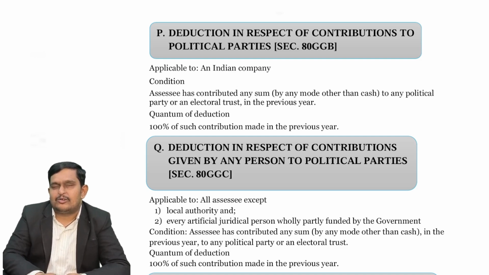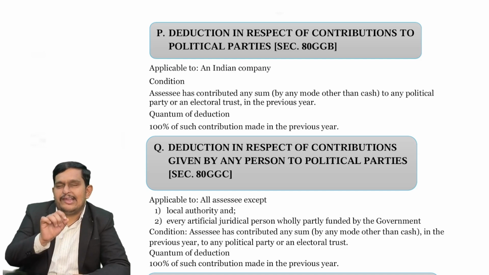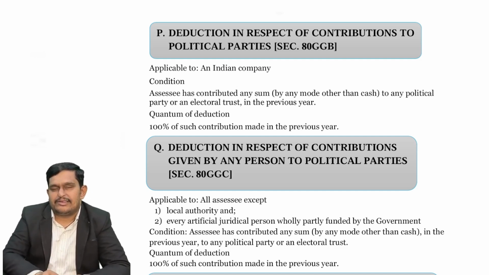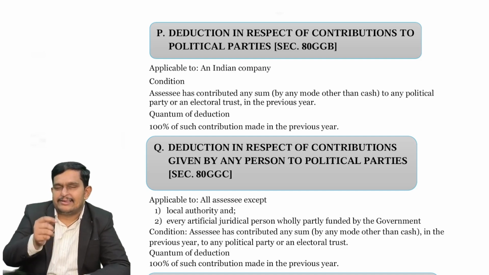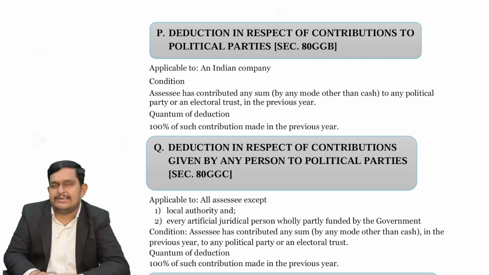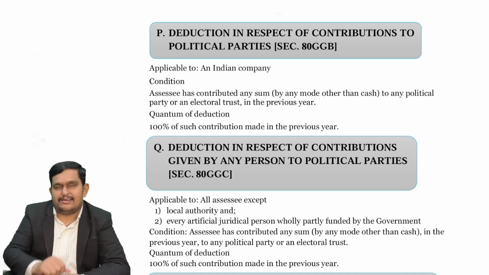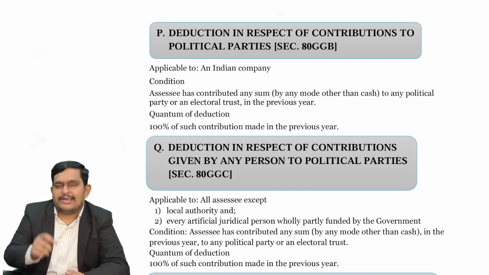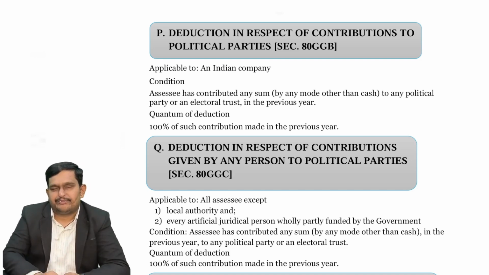For what? Donations to a political party or an electoral trust, or maybe purchasing electoral bonds also. They will get the deduction. How much? Whatever they paid. That means 100% of the amount paid can be claimed as deduction.